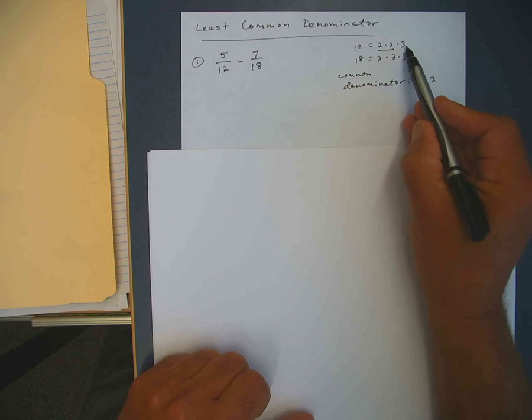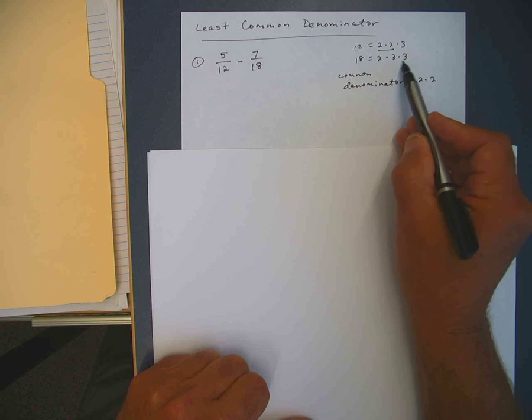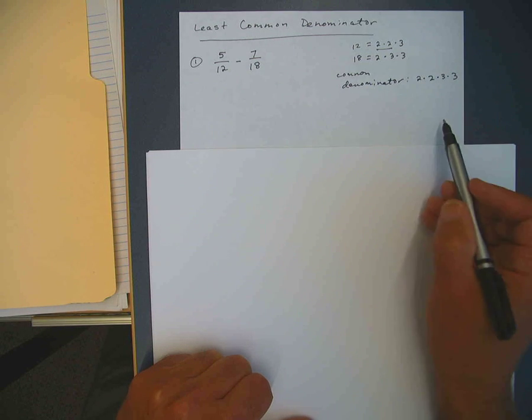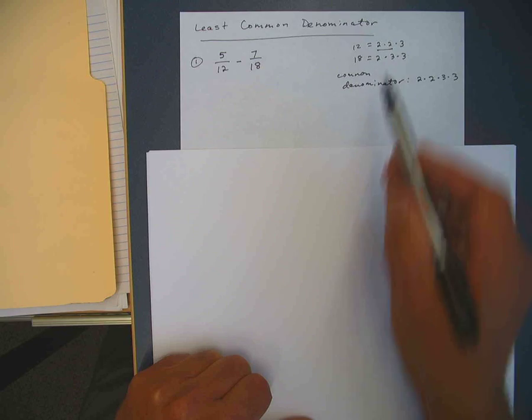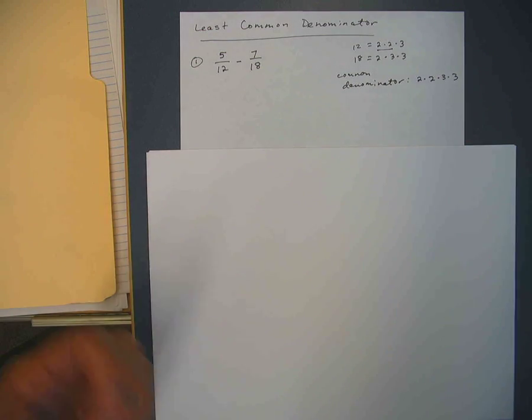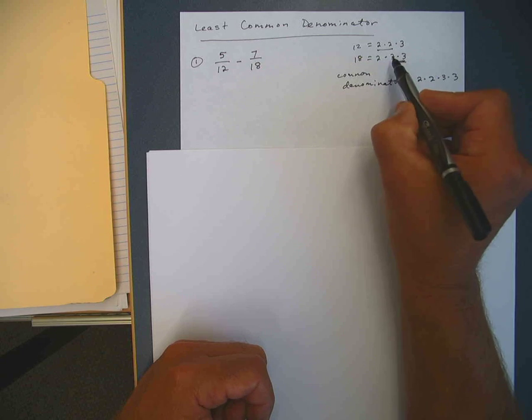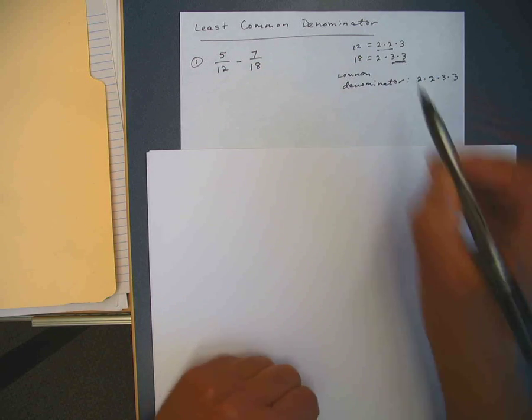There's 1 3 here, so I'm going to need at least 1 3. If you come down here, there are 2 of them, so I'm going to need at least 2 in my common denominator. So I'll take those 2. Okay? And now we should be all set. These are the only 2 factors we had to consider here, 2's and 3's, but we have to take them the most they appear in any single factorization.